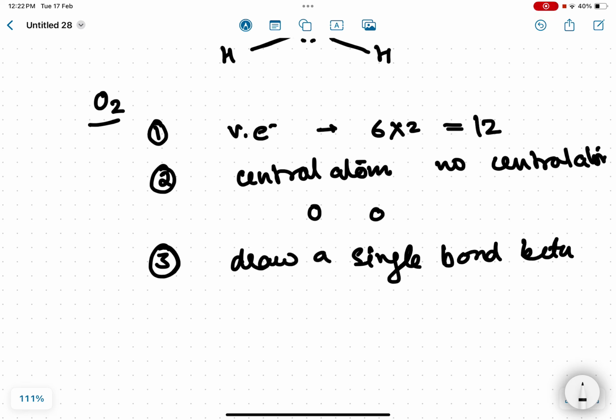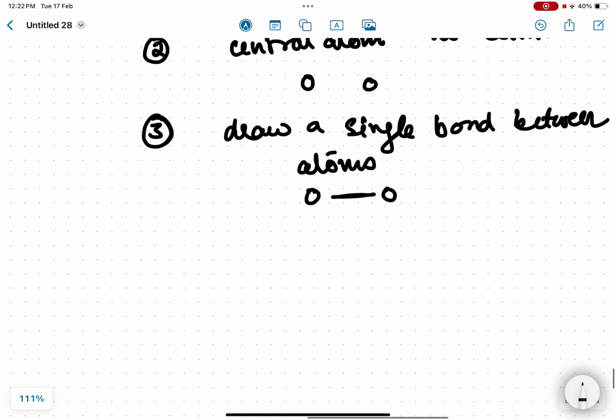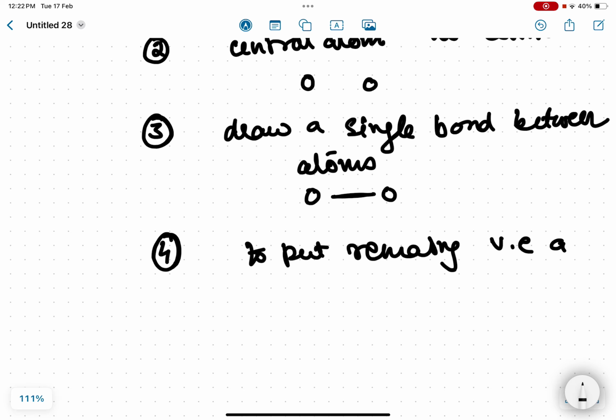Between atoms. So let's draw a single bond here. Fourth step would be to put the remaining valence electrons as lone pairs.